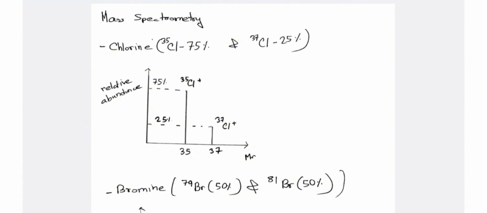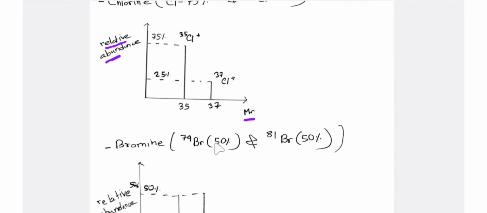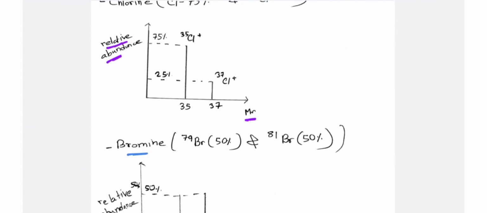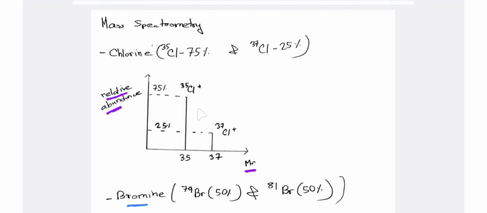Now for mass spectrometry, usually we are given a graph like this, with axes of relative abundance and m/z. Relative abundance means the percentage. First of all, the relative abundance against m/z for chlorine.